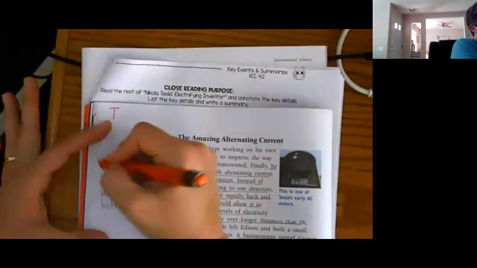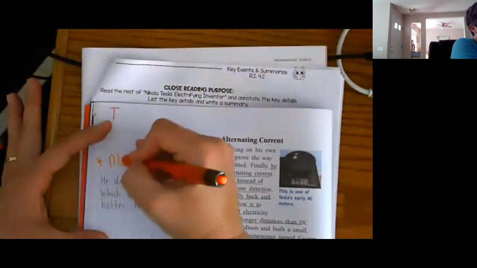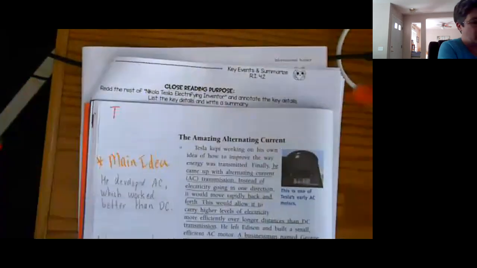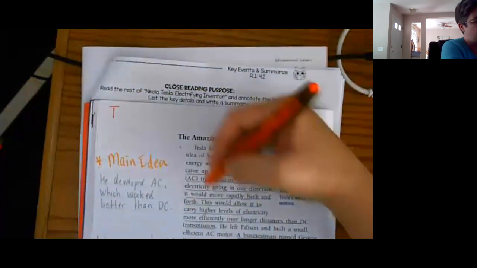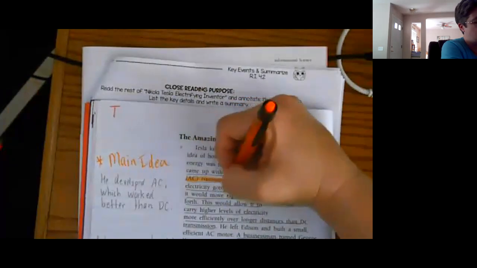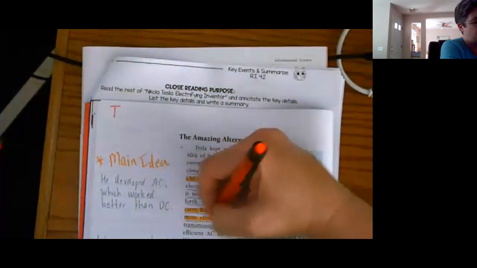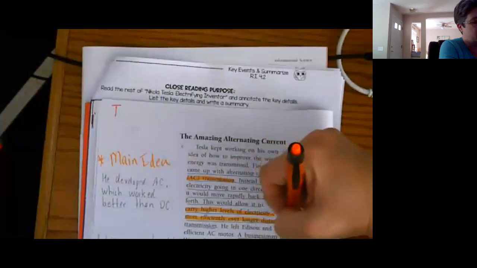this is your main idea. The developing of AC, carrying higher levels of electricity more efficiently over longer distances than DC.